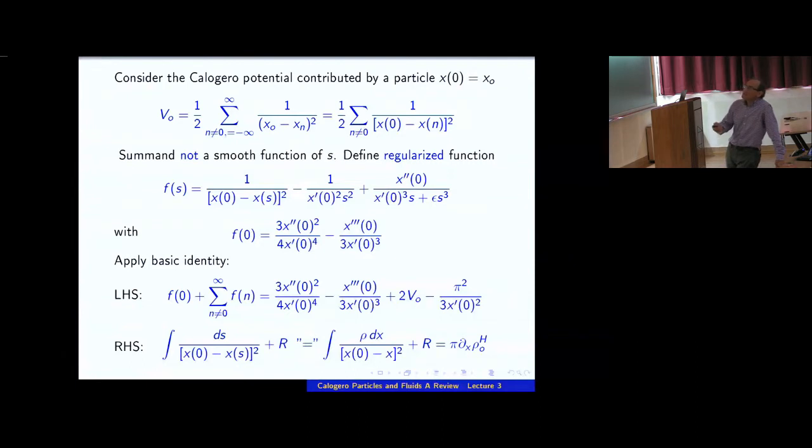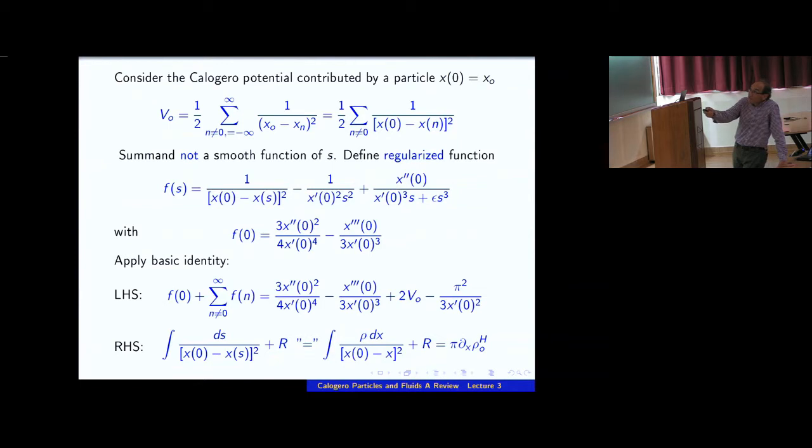The left-hand side will be the sum of this function at integer points. That is f of 0 plus f for other integers not equal to 0. f of 0 is this value. And the sum for f at nonzero points, look at it, it's the sum of this term here, which is my potential, maybe times 2 because of that overcounting.